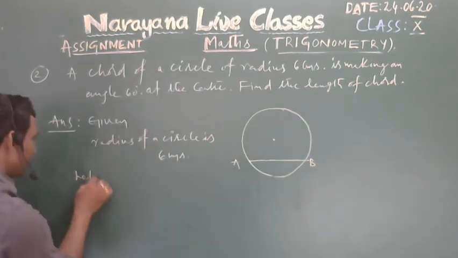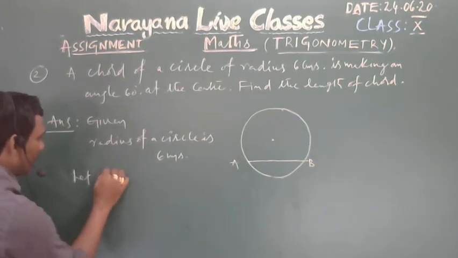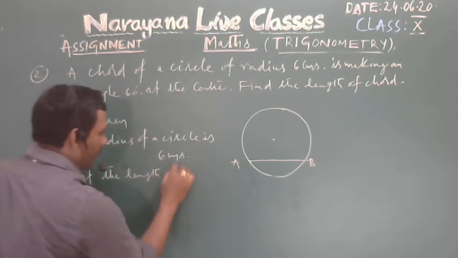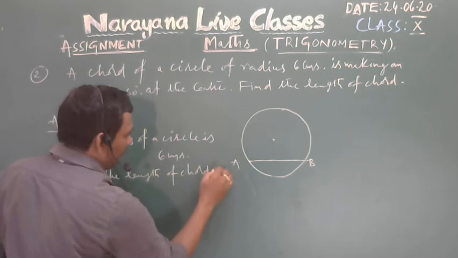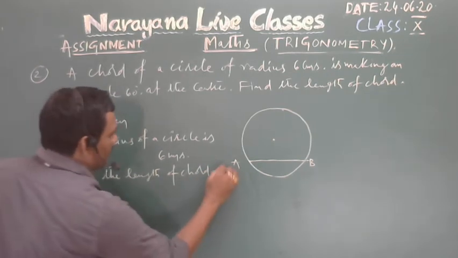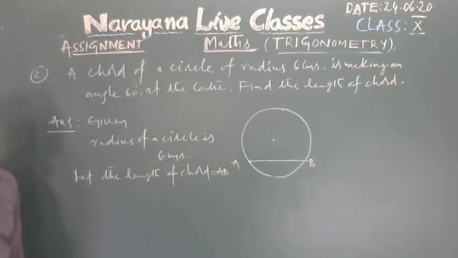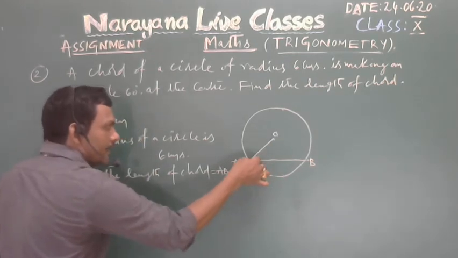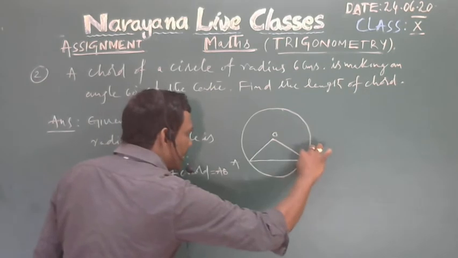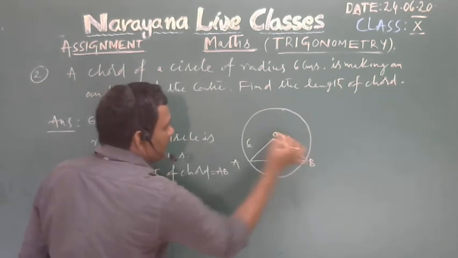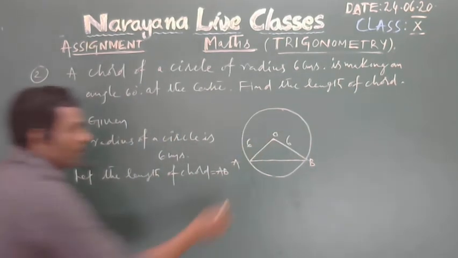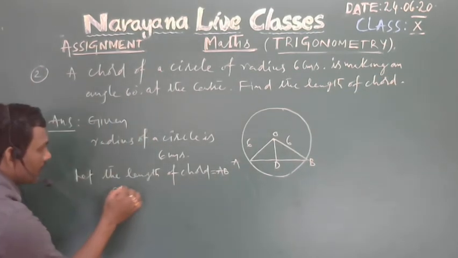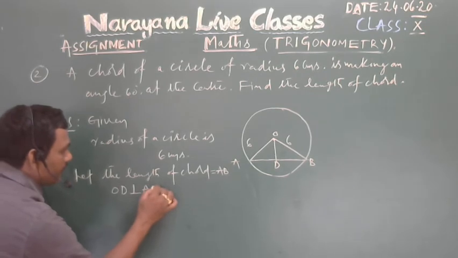Let the length of chord be equal to AB. Here center of the circle O, OA is the radius, OB is the radius, 6 centimeters, 6 centimeters. Now OD is perpendicular to AB.